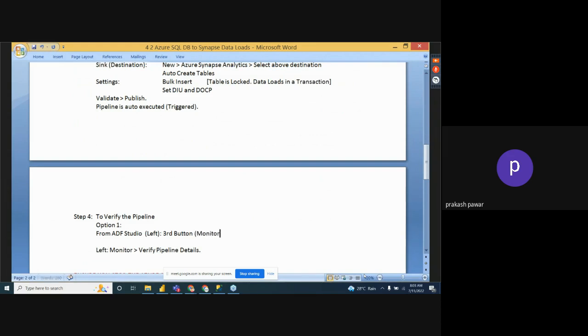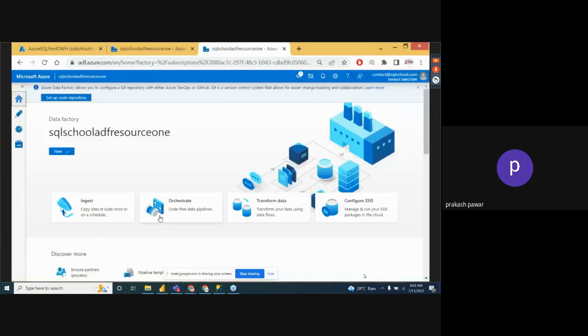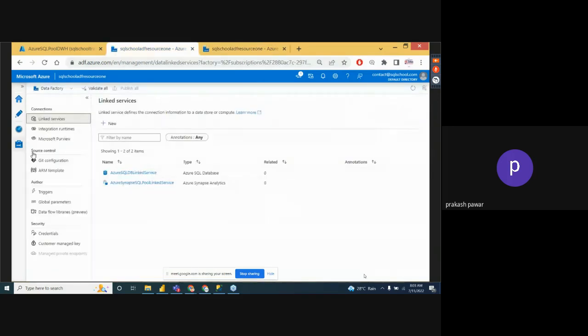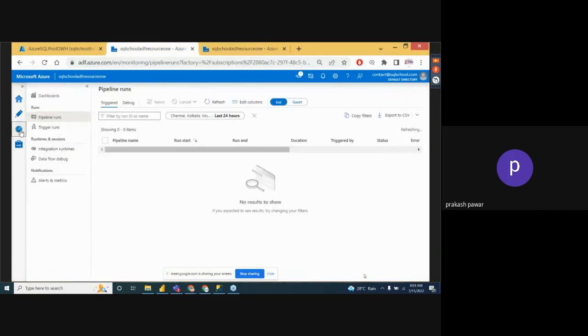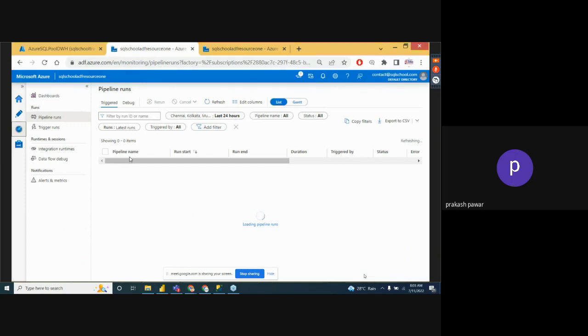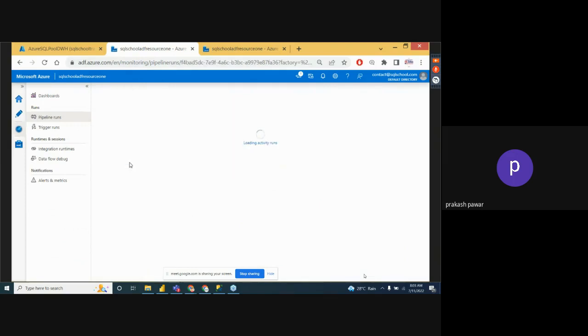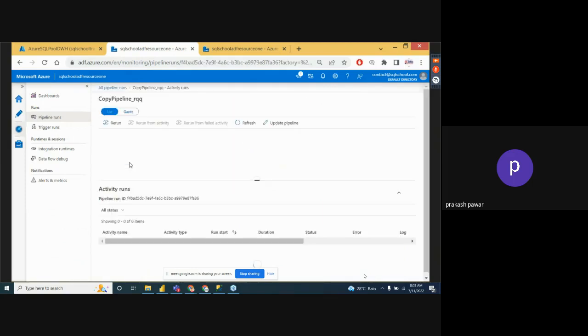Monitor. Click on pipeline and we see a list of run IDs. Remember, back, go to monitor, left side monitor, click on this monitor pipeline. We see something called run ID.